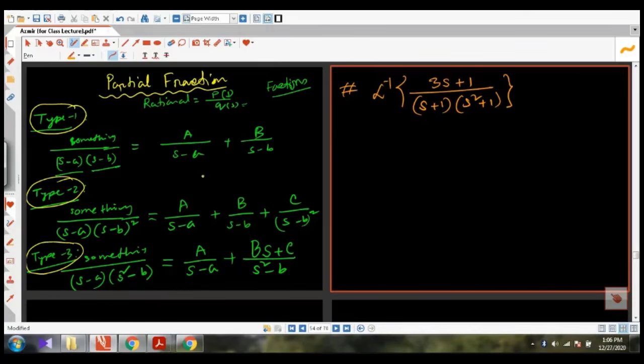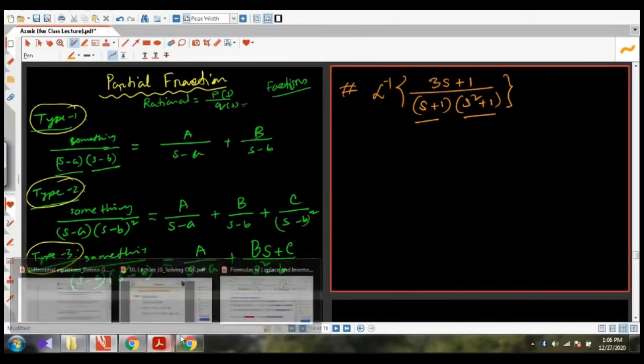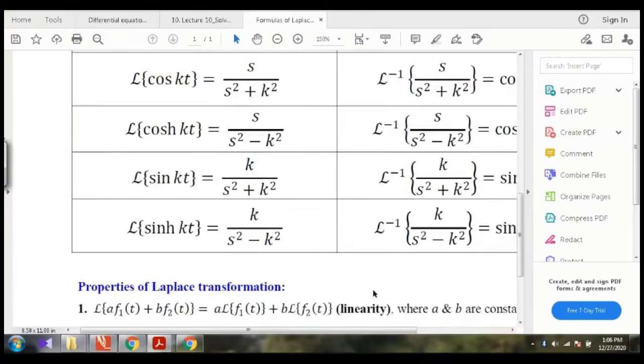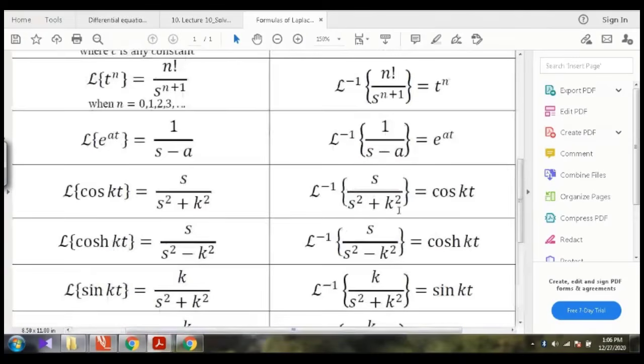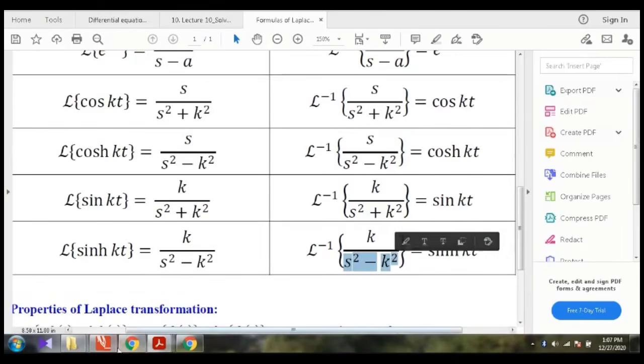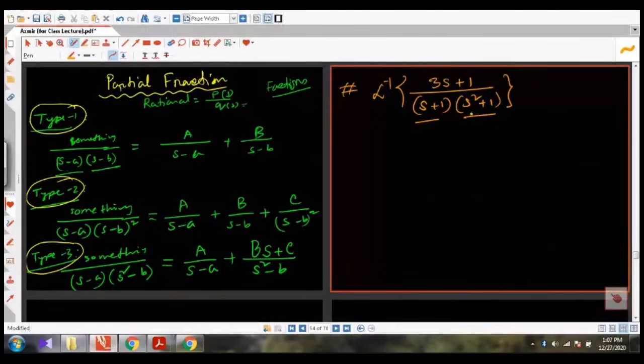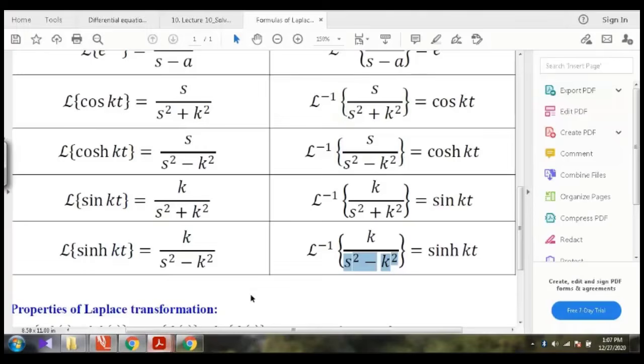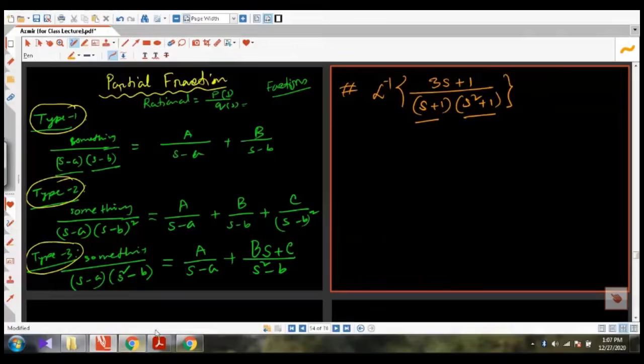So the problem is, in the denominator we have total two factors, (s + 1) and (s squared + 1). So there is no such formula given. You can see we have only one factor, (s - a), or we have only one part, s squared plus k squared, or s squared minus k squared, but there is no multiplication term in the formulas. Is there any? No, sir.